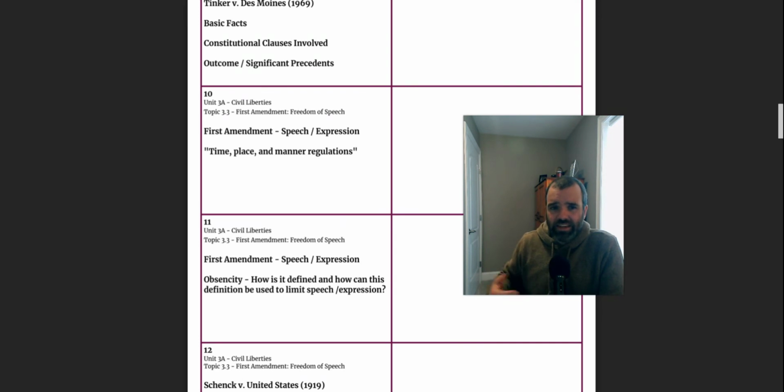So basically, what this means is that the government can restrict speech, broadly speaking. They can restrict when speech occurs, where it occurs, and the way in which it occurs, as long as they're not completely removing someone's ability to express or speak, as long as they still have the opportunity to do that, and as long as the government is doing it for some reason other than just to restrict the speech.